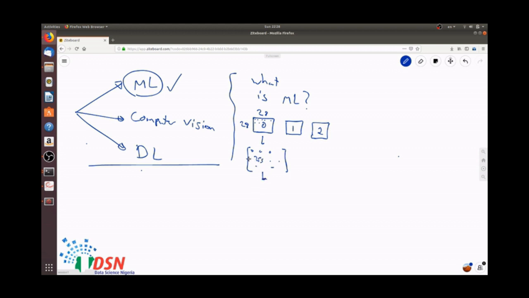We could vectorize this image and stack all of these rows together to create a big vector. 28 by 28 means it has 784 elements. Suppose we call it x, something like x1.